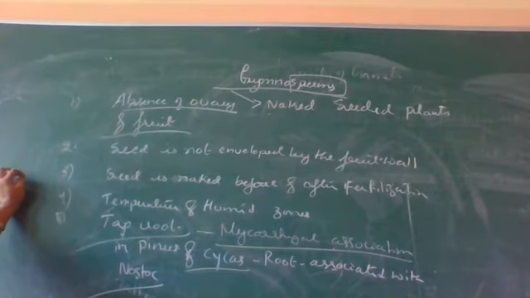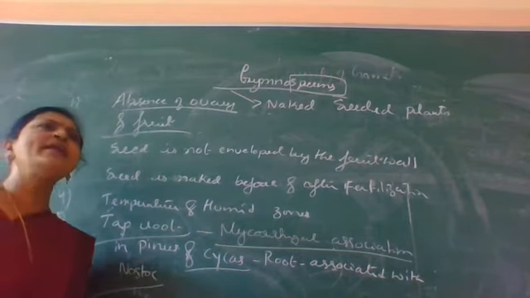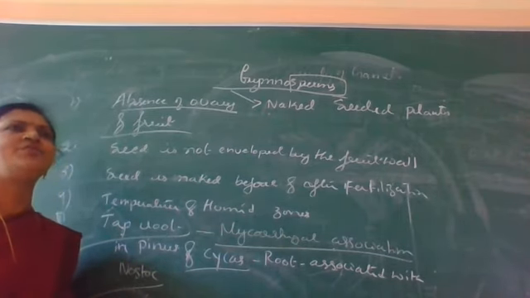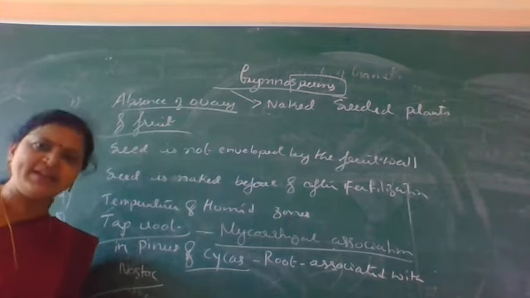And these blue-green algae colonize in the cortex of the secondary roots of the Cycas, and those roots more or less appear like coral reefs, which are the secretions of coelenterates.